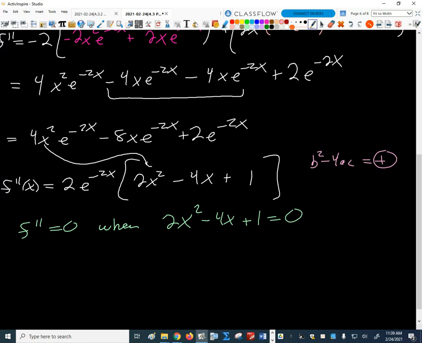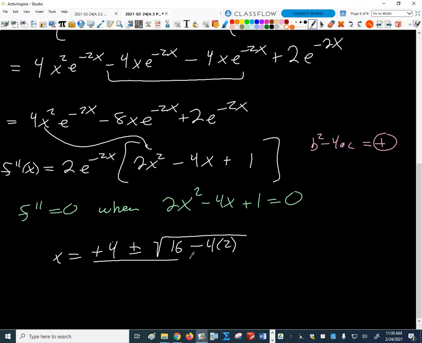So then we have to go through the hassle of probably using the quadratic. We're either going to complete the square or use the quadratic formula on this one, right? Take your pick. Probably quadratic formula, I guess. I mean, they're about the same, but if we use the quadratic formula, what are we going to get here then? x equals negative b, so positive 4, plus or minus the square root of the discriminant, so 16 minus 4 times 2 times 1, all divided by 2a, so 4.